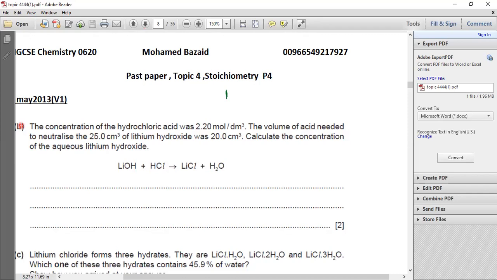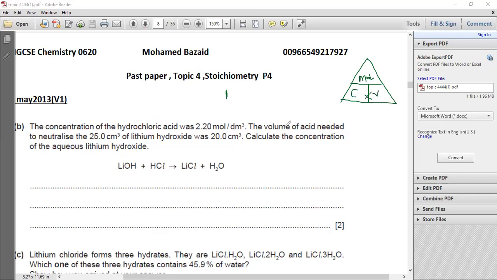Excellent. So, first of all, Abdullah, the question is asking me about the concentration of lithium hydroxide. So directly, I will use the third triangle. If you remember the third triangle, mole equals concentration multiplied by volume.